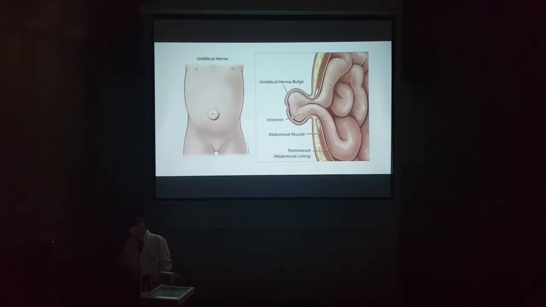There's the risk of a small intestine loop going into the sac. Sometimes the neck is wide. How do we know it's wide? The mother easily pushes the intestine to the abdomen, and the intestine goes back easily.